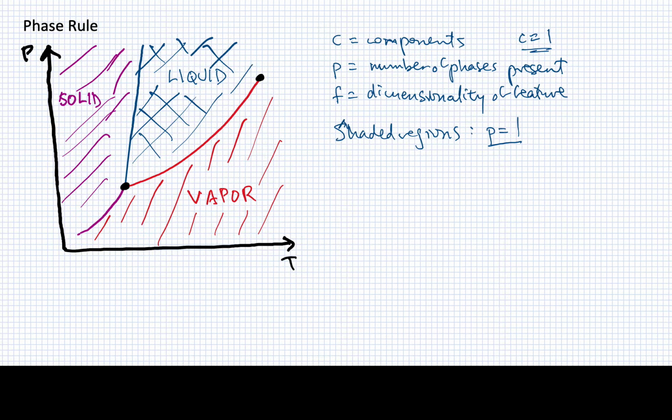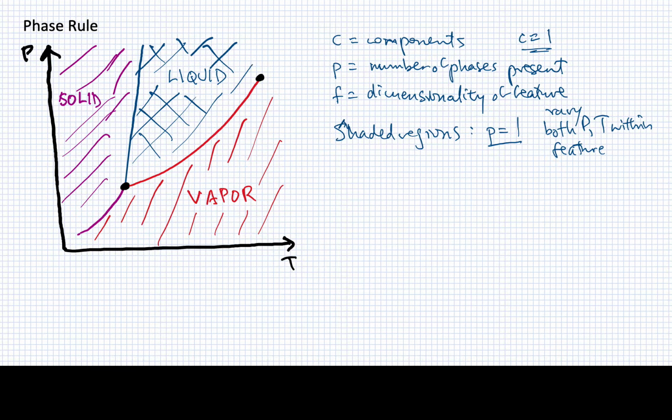What that means in practicality is that I can vary both pressure and temperature without changing the phase. So within this feature, I can vary both pressure and temperature without crossing a boundary or going to an area that has more than one phase.